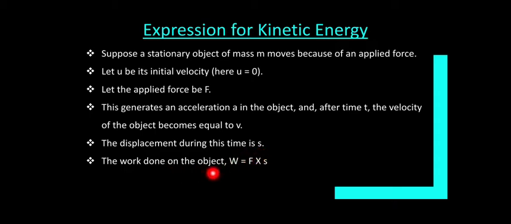So the work done on the object is W equal to F into s. Followed? Object of mass m, initial velocity u, applied force F, acceleration generated a, time t, final velocity v, and displacement s. You should know these abbreviations.